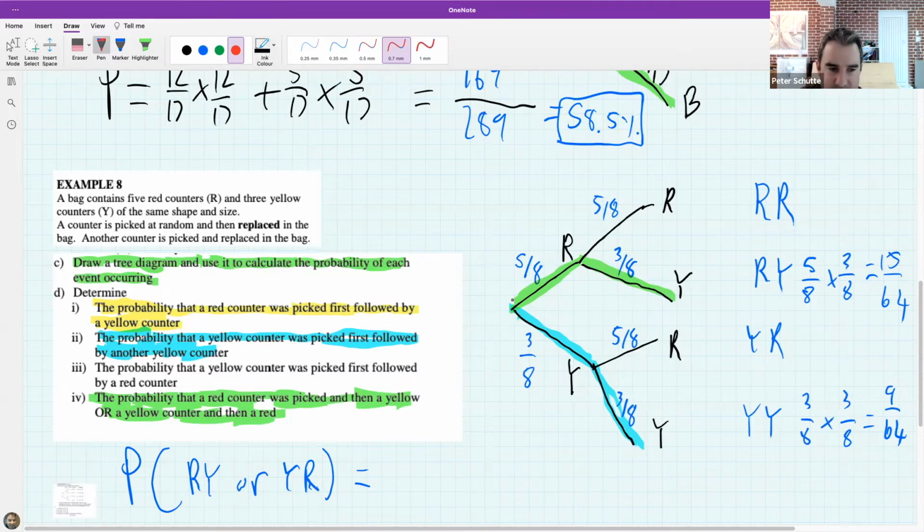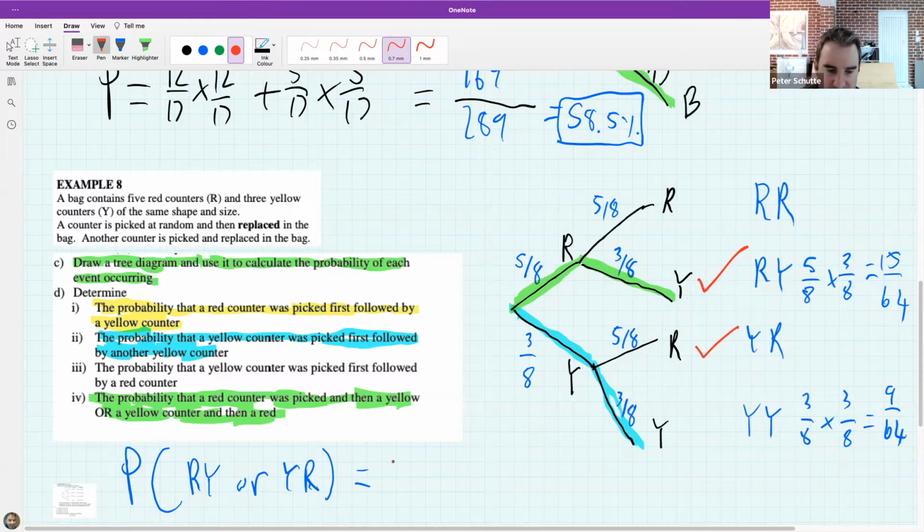So the key idea is that there are actually two possible pathways. If it was a red counter and then a yellow, for me, it would be this one over here. But it says or, so basically that's a favorable outcome. But another favorable outcome would be yellow and then red, which is this one here.